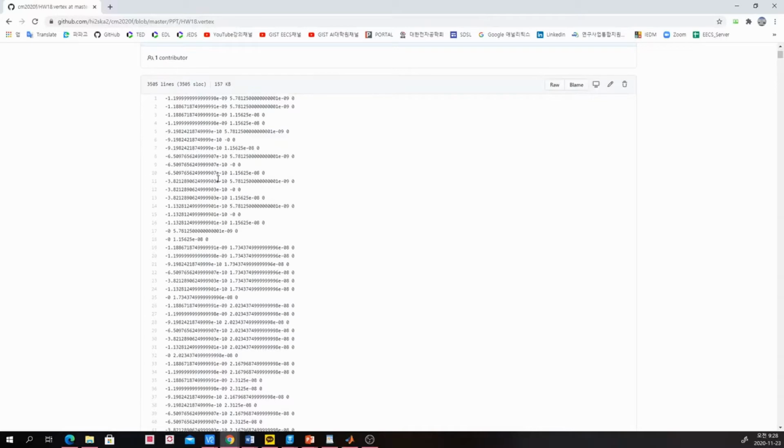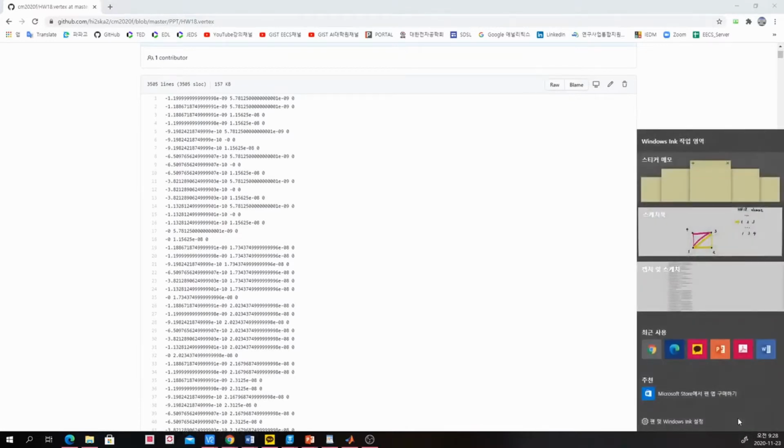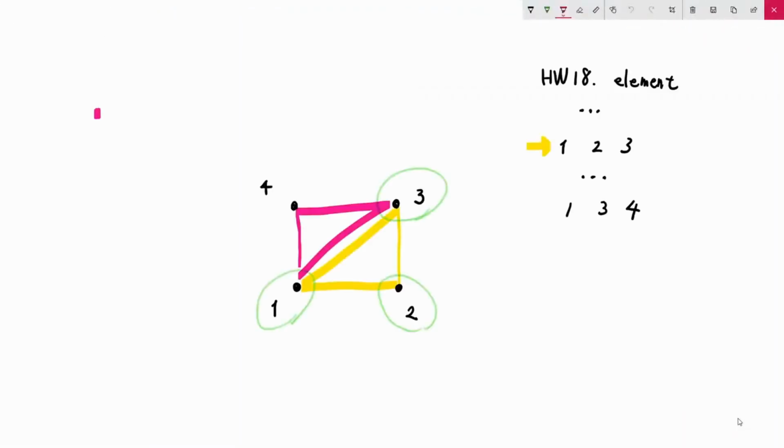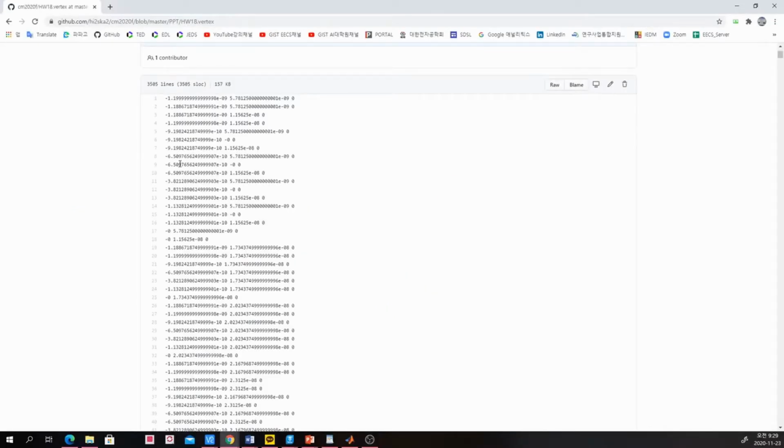Let me draw it. Sorry, I cannot remember any longer. Number 8 is upper, and number 9 is lower, and here we have 11 with the same y coordinate as number 8.